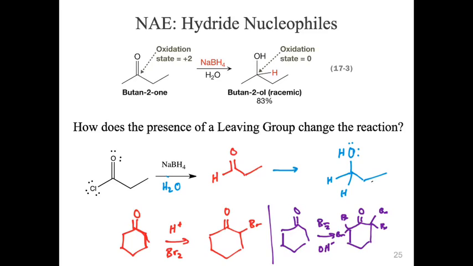Does that make sense? When we shift to the purple one, our slow step is the removal of the hydrogen. Okay? So we're saying the starting material, in comparison, we'll go backwards to the red structure, is about acidity. The red structure is more acidic than the purple structure. Why? The bromine.